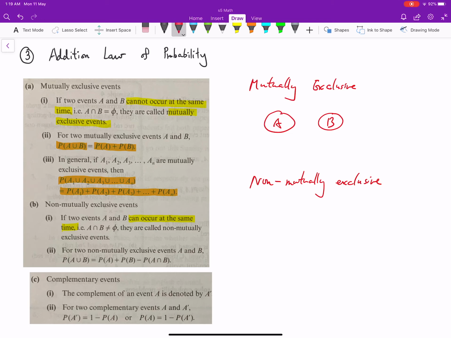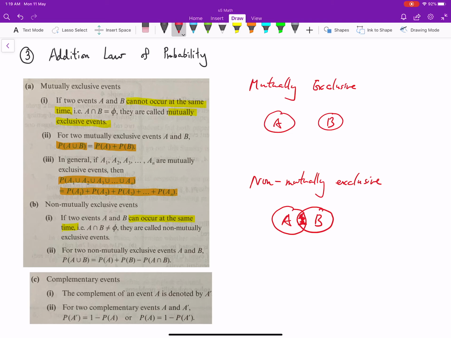So there must be some situation where they occur at the same time, that means there are some elements belonging to both of these sets. So there must be some intersection here. Then this is non-mutually exclusive.